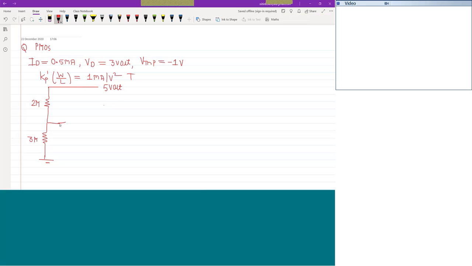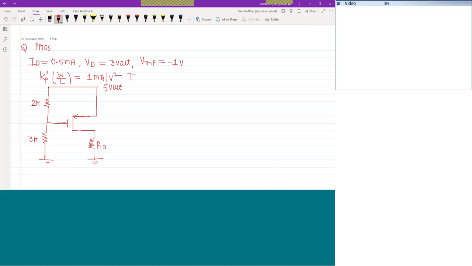Then we are having drain source terminal. Then we are having drain terminal, which is RD, and this is connected to ground.